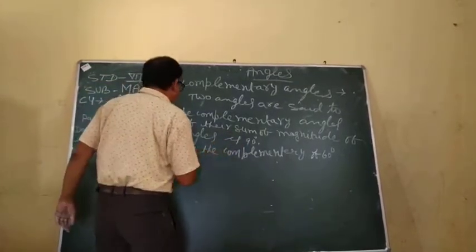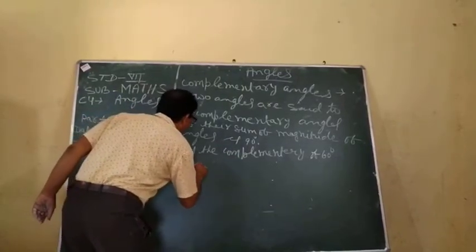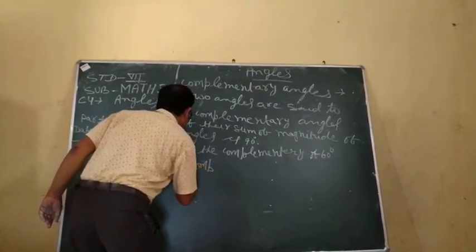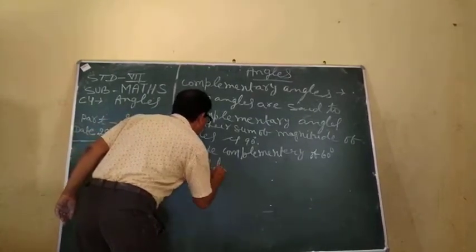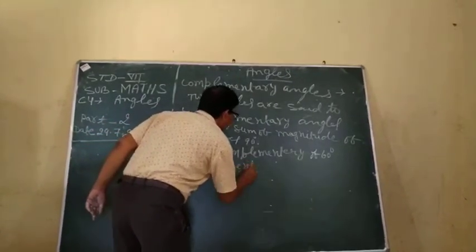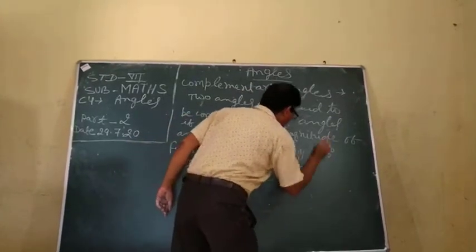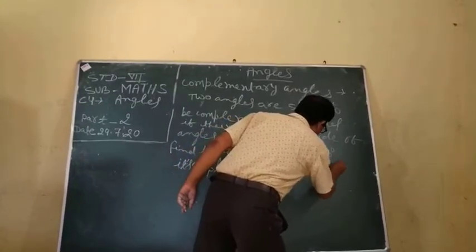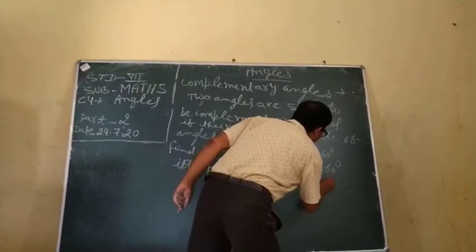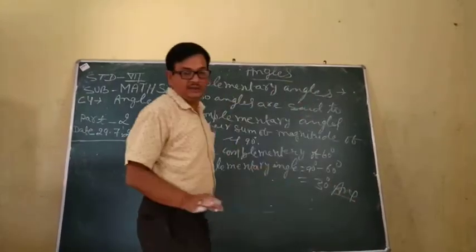So its complementary angle is 90 degrees minus 60 degrees. So what is its complementary angle? 30 degrees is your answer. Understood now? Clear?